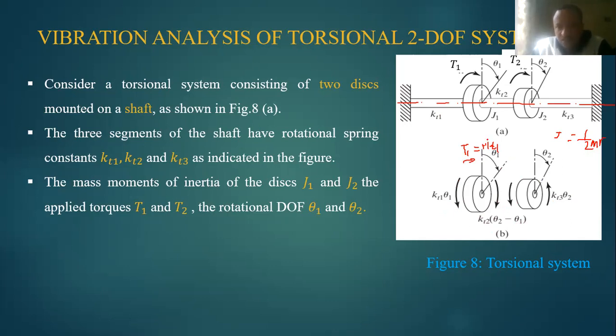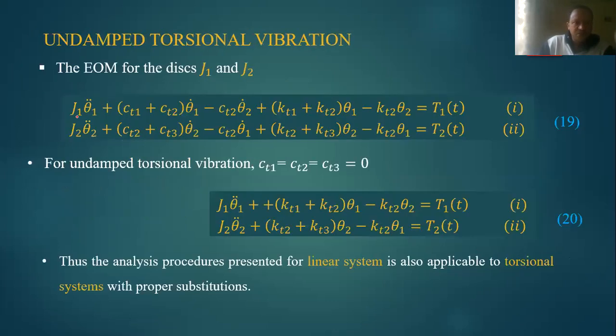So let's consider the first flywheel, or the first disc, and develop the equation. Summation of torque applied to the first disc equal to 0 gives us this equation: J1 θ1 double dot plus (CT1 plus CT2) θ1 dot minus CT2 θ2 dot, plus (KT1 plus KT2) θ1 minus KT2 θ2, which is almost similar to the previous general equation of motion developed, and it is equal to T1 of t, where T is the torque.